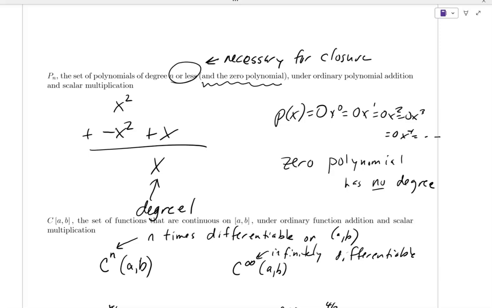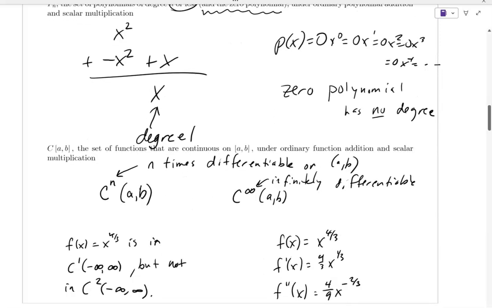Can't do e to a number. So what's built into calculators are really good approximations using polynomials. So we need to use those vector properties of polynomials to get those approximations. That's a more advanced topic, but that's the idea about why we might want to use polynomials as vectors.